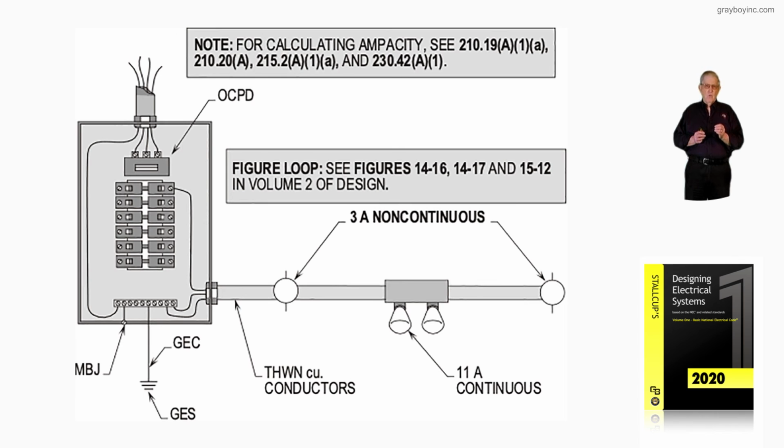If it's less than 3 hours of operation, then it can be considered non-continuous by the definition in Article 100 of continuous duty. With that thought in mind, let's move to the calculation and determine the size of the conductors as well as the overcurrent device based upon both loads that you see in the illustration, one continuous, one non-continuous.